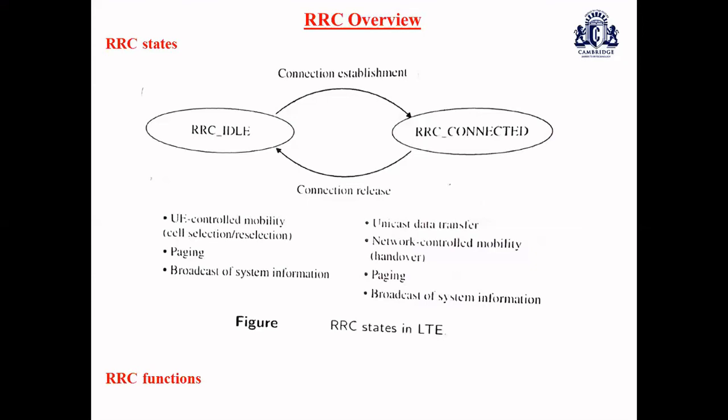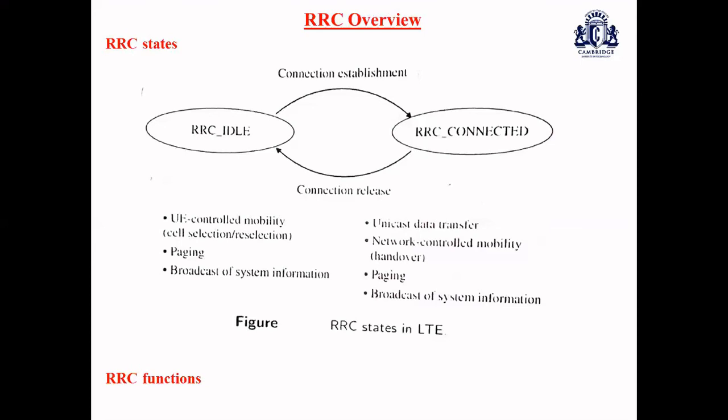So RRC idle state and RRC connected state, when we talk about these two states, in RRC idle state, user entity can receive broadcast of system information as well as the paging information, and there is no signaling bearer established in case of your RRC idle state.